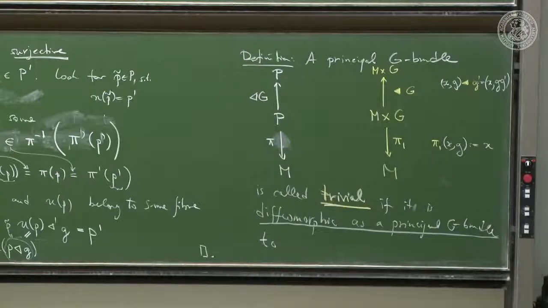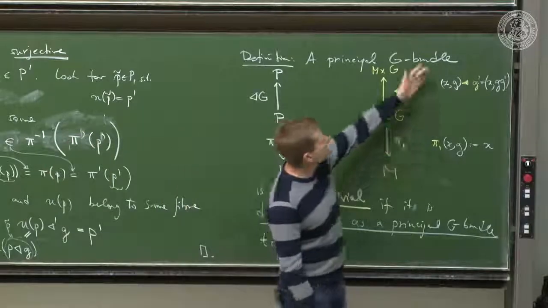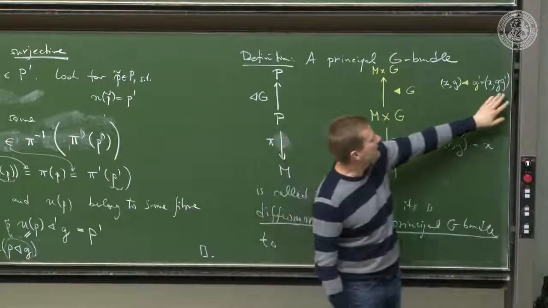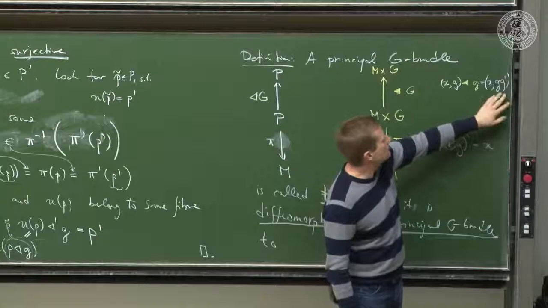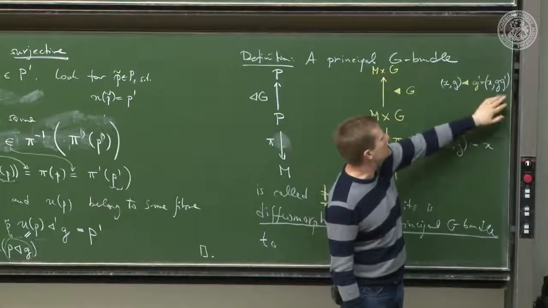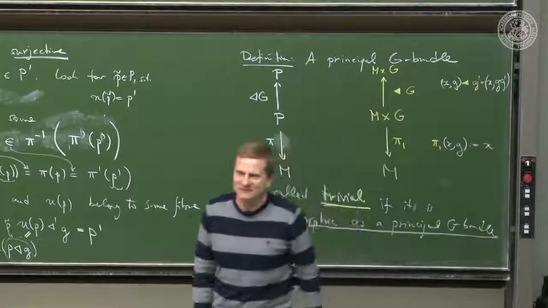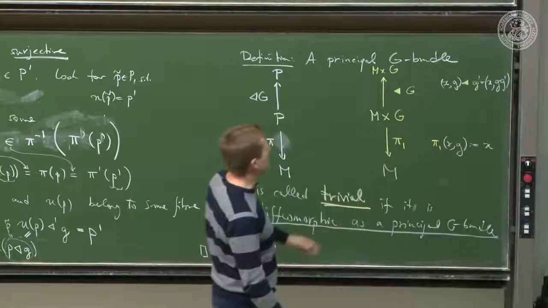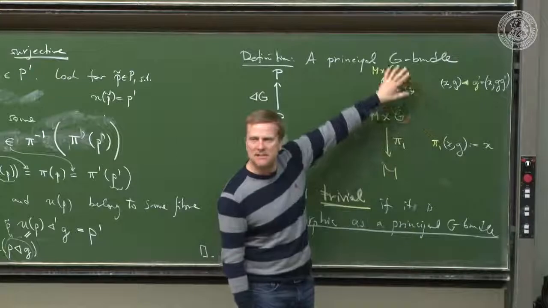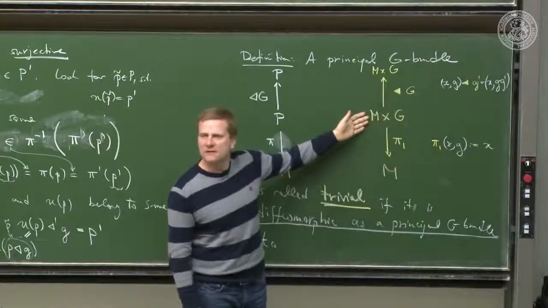So that's how the bundle is defined. You can check this is a principal G bundle. It's a free right action, because in the group you always have the inverse. You always know this is the unique one. It's free. Okay, fine. So you check this immediately. So you have a principal G bundle here, which is the trivial bundle.